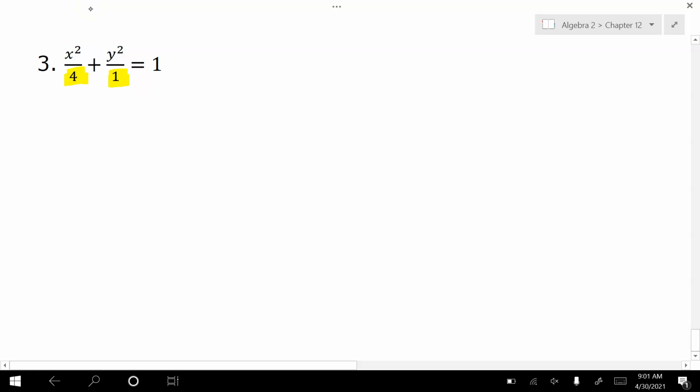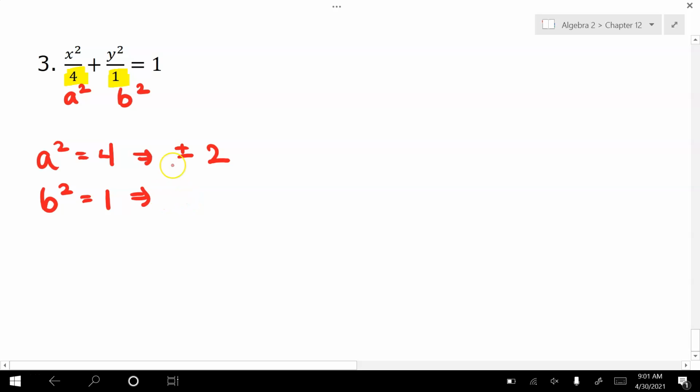All right, so the first thing I did was identify my a squared and my b squared. A squared is always the bigger number, so for this one it's going to be the 4. Which means that my a is going to be 2, and my b is going to be plus minus 1.